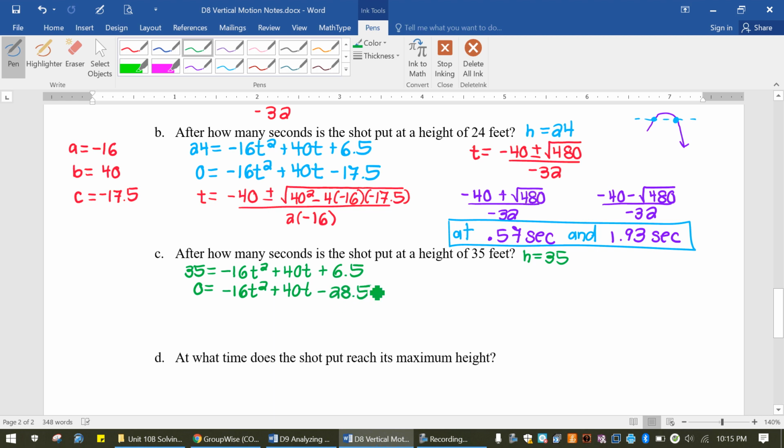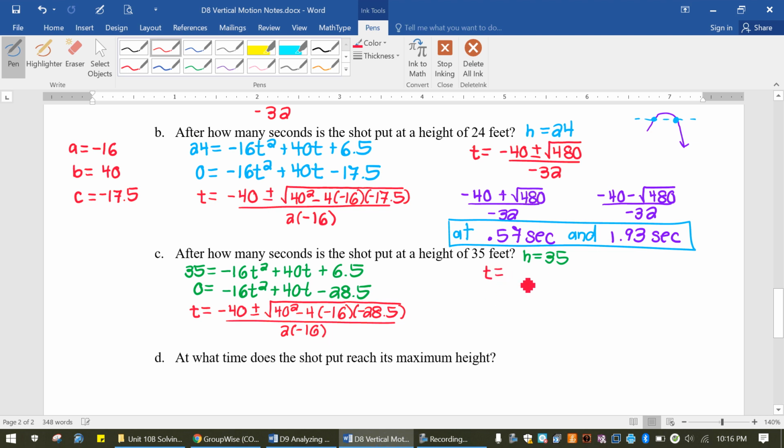So using the quadratic formula on this equation, we're going to have t equals negative 40 plus or minus the square root of 40 squared minus 4 times negative 16 times negative 28.5, all over 2 times negative 16.